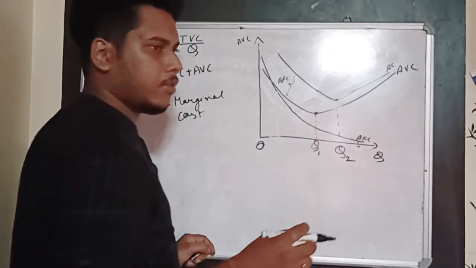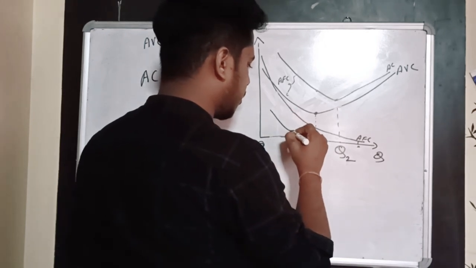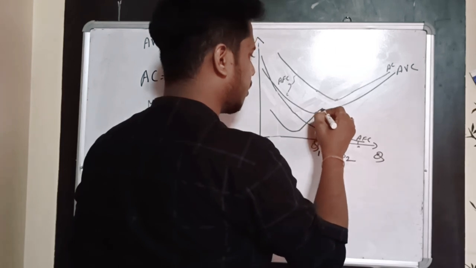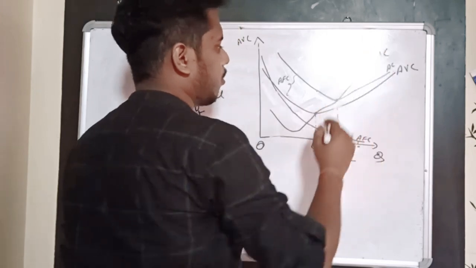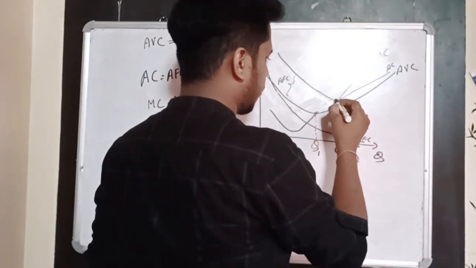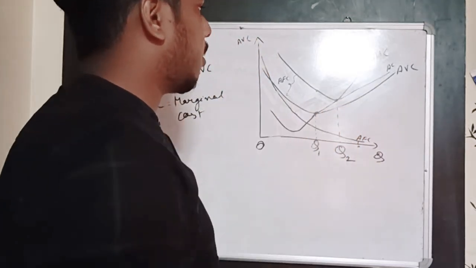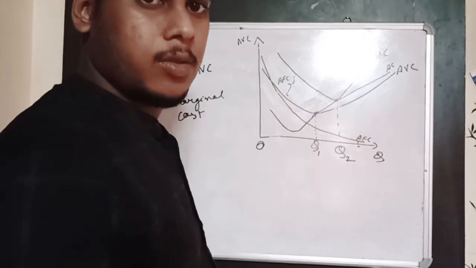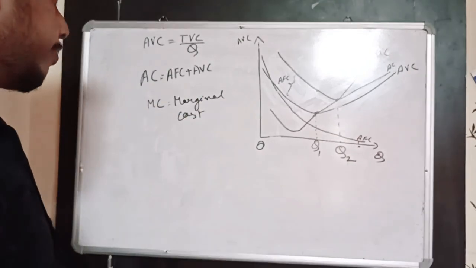It has to be drawn in such a way that when it rises, it intersects the minimum point of AVC and the minimum point of AC. So whenever MC is drawn, the rising part should intersect the minimum points of AVC and AC. So it is also a U-shaped curve.